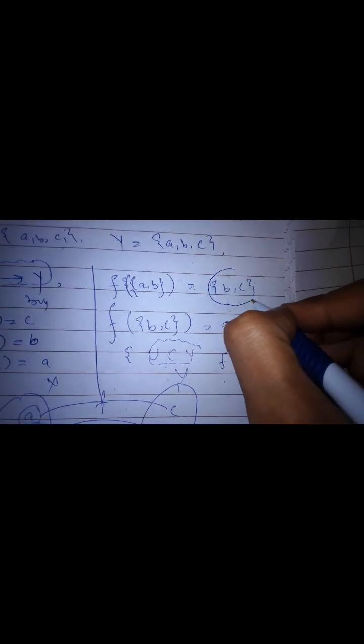The pre-image of {a, b} is {b, c}, so {b, c} is open in this collection.